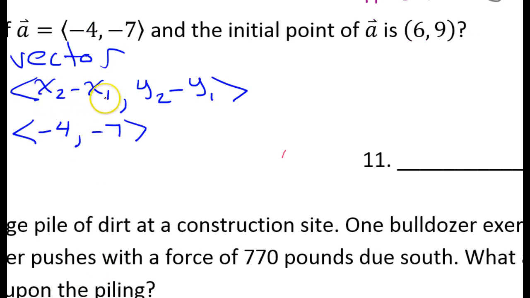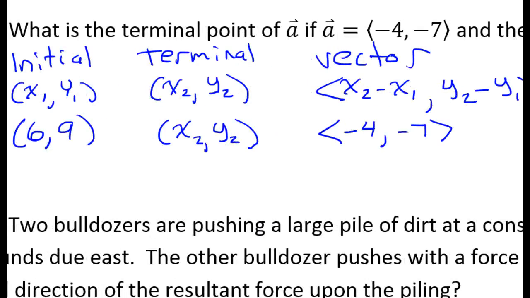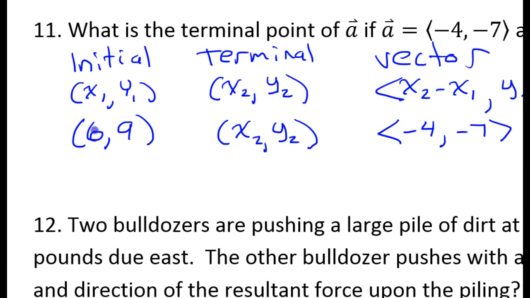So we know that x2 minus x1 must equal -4, because that's how you get the x component. We know that y2 minus y1 must equal -7. Same reason. But remember, we already know what x1 and y1 is, 6 and 9.